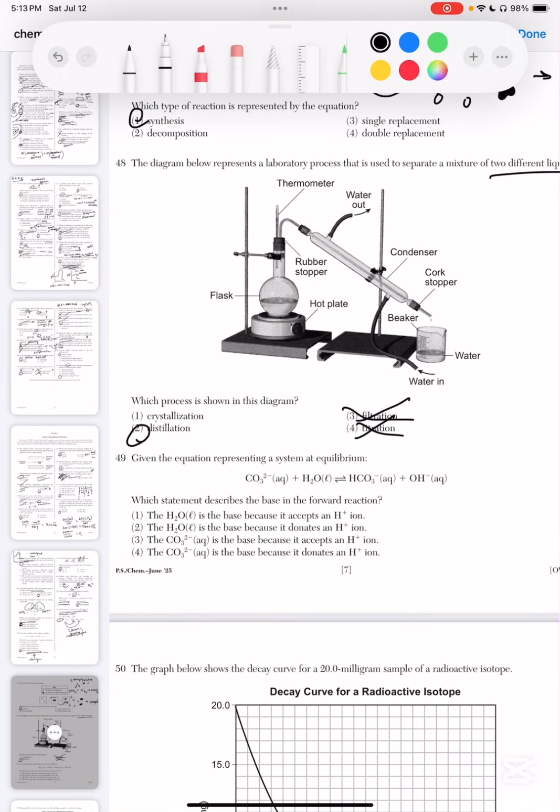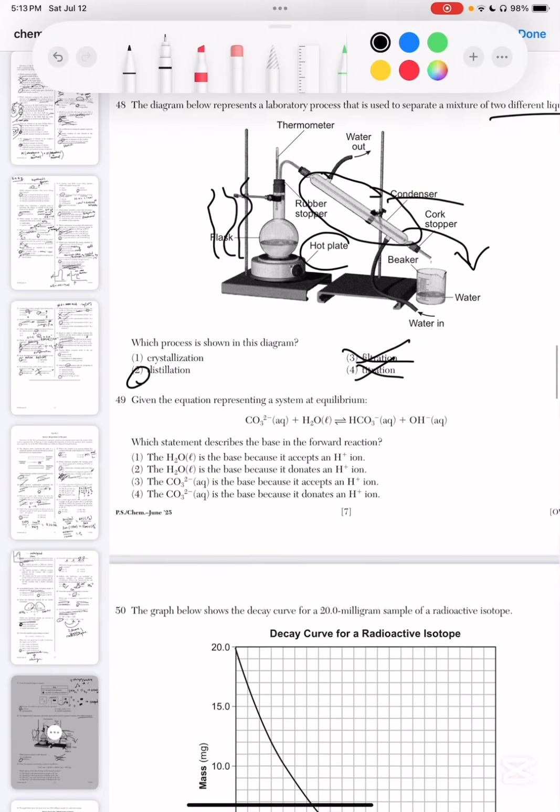And then crystallization is just not what it's showing, because you have your whole setup here with a condenser and a hot plate, so it's boiling. It's boiling the liquid in here, and this is collecting the stuff that evaporates first, and then the liquid gets collected into a beaker.